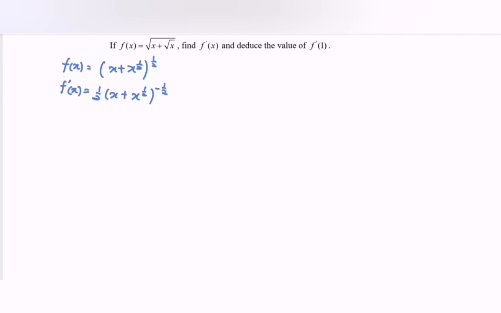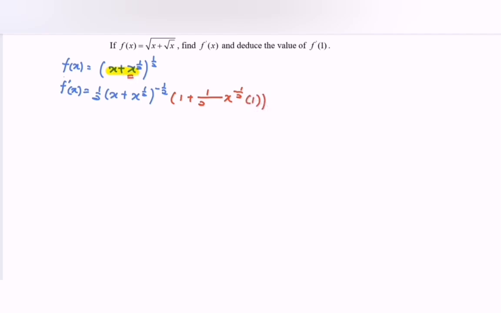Focus on the internal function. Differentiate: if we differentiate x we will have 1, plus 1 over 2 and then x to the power of negative 1 over 2.